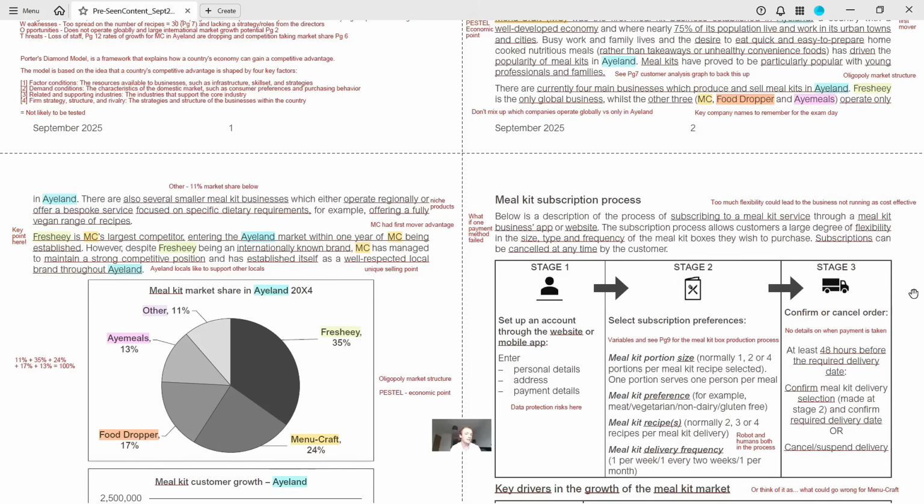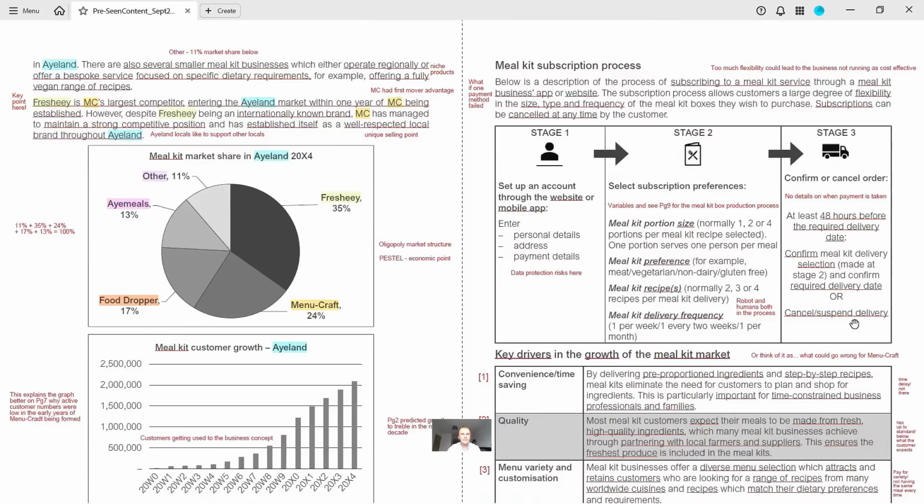There could be things such as acquisitions and mergers for you to refer to, as another opportunity in a SWOT analysis. Another key point is that Freshly is MC's largest competitor. Let me just scroll it down for you, as you can see on the left hand side. However, despite Freshly being an internationally known brand, MC has managed to maintain a strong competitive position and has established itself as a well-respected local brand throughout Ireland.